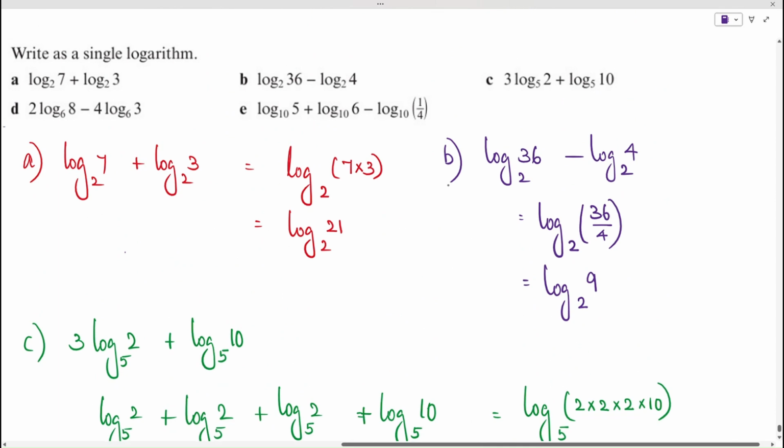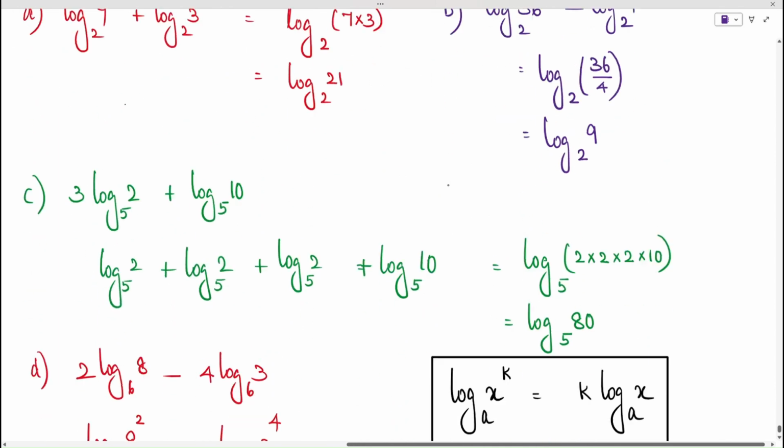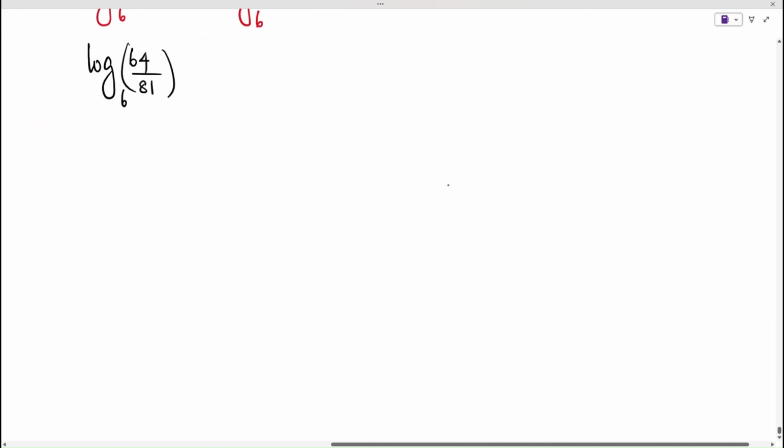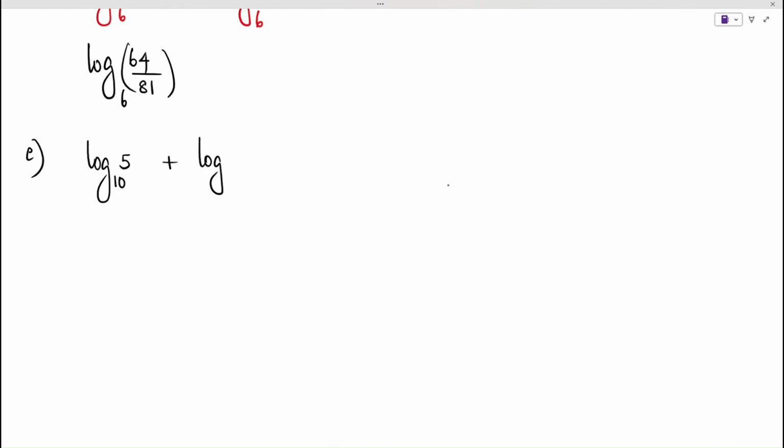So that's D. Now for E, we have log 5 to the base 10 plus log 6 base 10 minus log of 1 over 4 to the base 10.